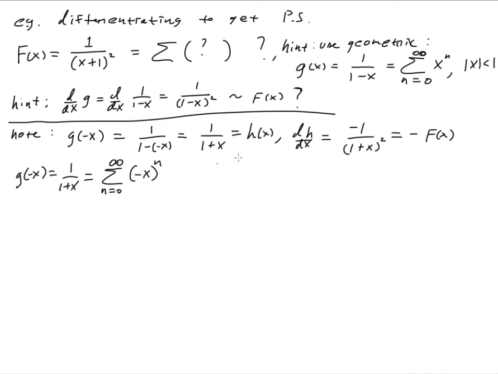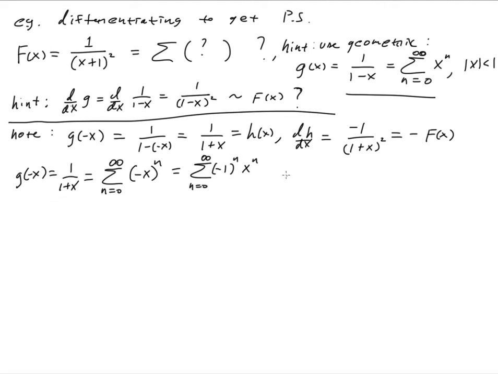Okay? That simply utilizes our geometric series that we know, but we're plugging in negative x instead of just x here. Right? And I can do a little work here and factor out that negative 1 like that. And that just simplifies my problem a bit. Helps me out in terms of what I'm going to do next.